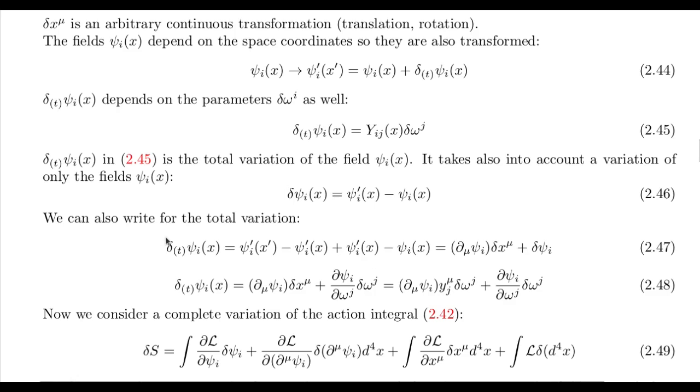Or we can write for the total variation, now this. So that means that we have here the two variations, the variations in the coordinates, from x to x prime, and the variation from psi to psi prime here.